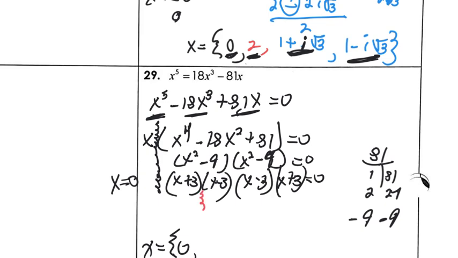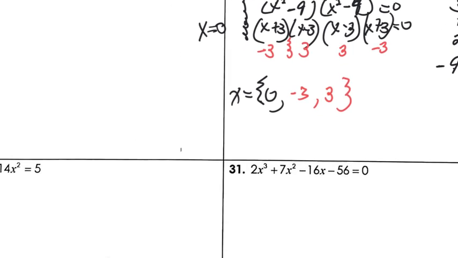So if I set this first thing equal to 0, I get x equals negative 3. For this one, I'll get x equals positive 3. And the same thing with this one, positive 3 and negative 3. So really, negative 3 and positive 3 are the other solutions that I have over here. And they're double roots. Okay, so that's that.